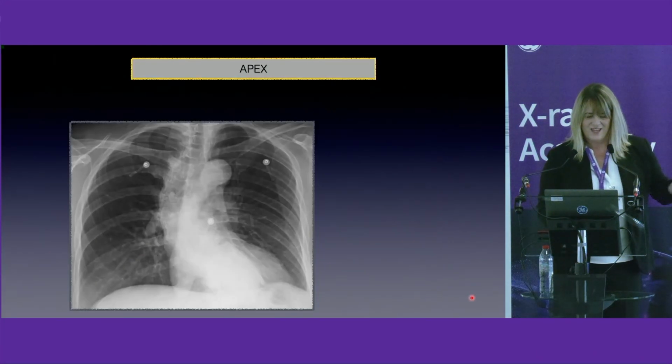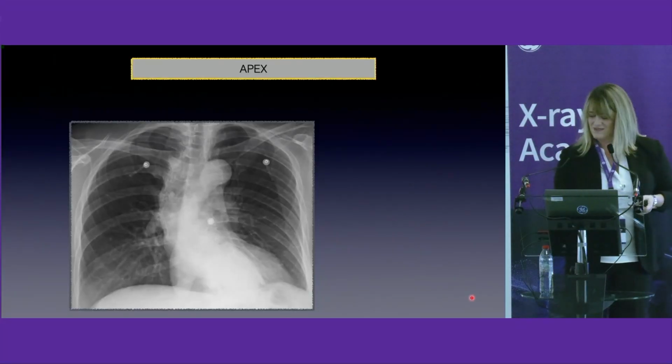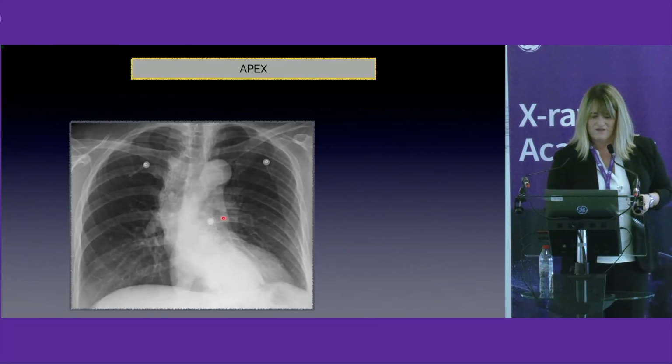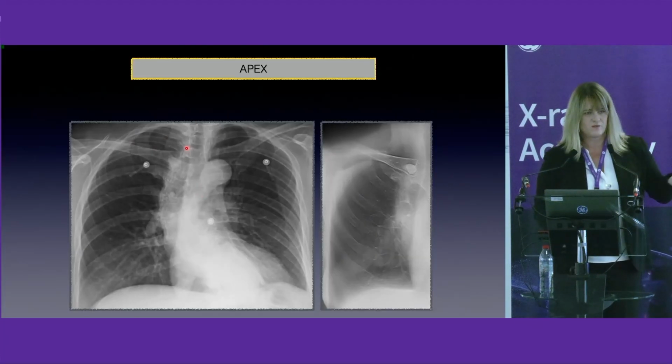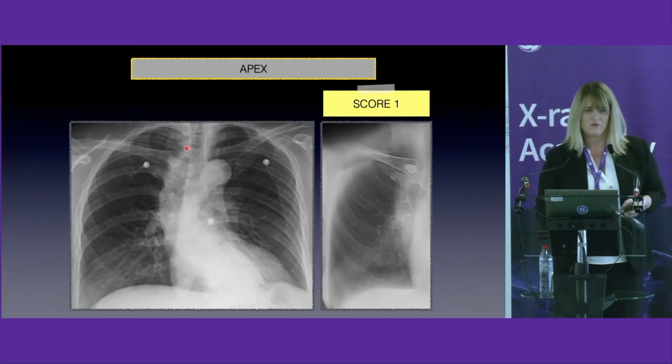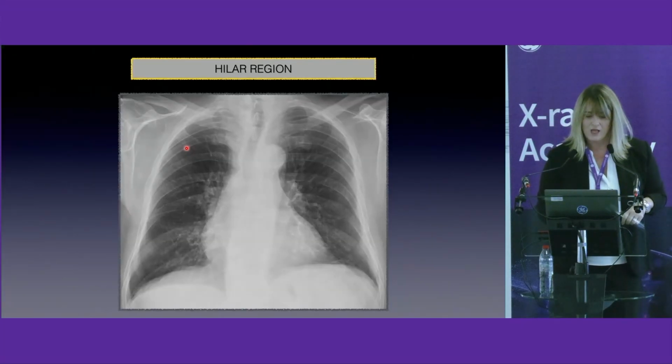So I previously showed this case. So we have here in the paramediastinal area an opacity which belongs to a bone island. So score 1, we do not have any kind of doubt regarding this opacity.